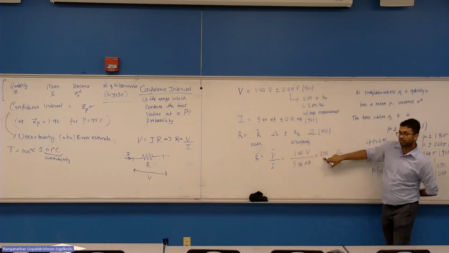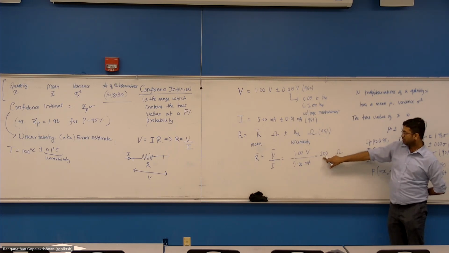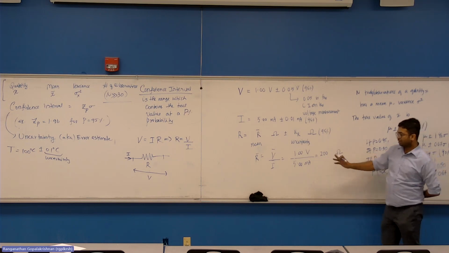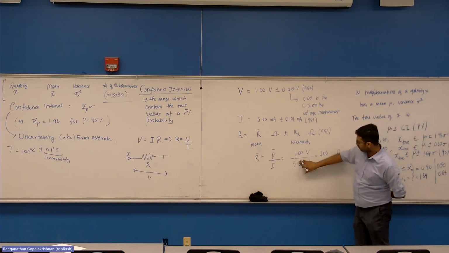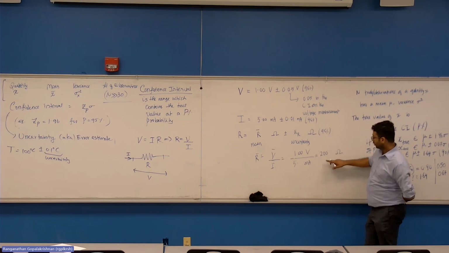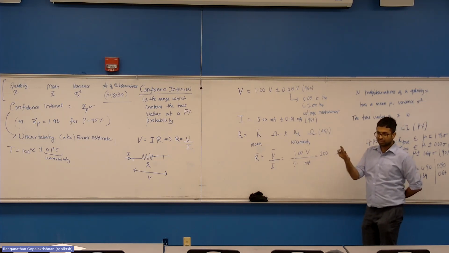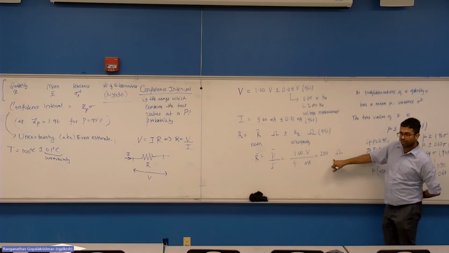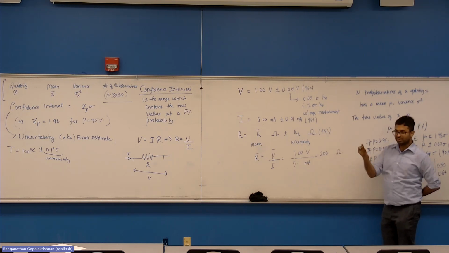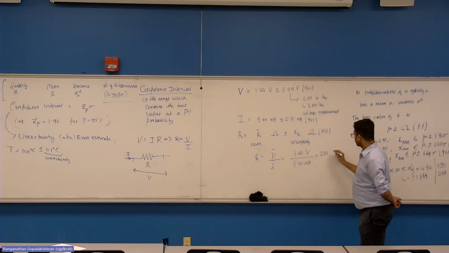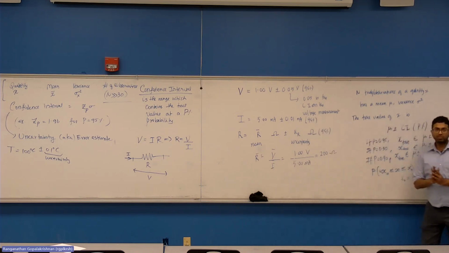Three or one? 200 is one, the way you have written it, right? But the understanding is if this were say 5.50, you would get like 195 ohms, in which case you have three significant figures. So even though this is written 200, this is understood to have three significant figures. Okay, so 5.00, 200 ohms. You with me so far?